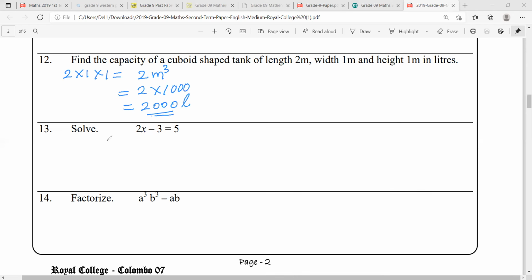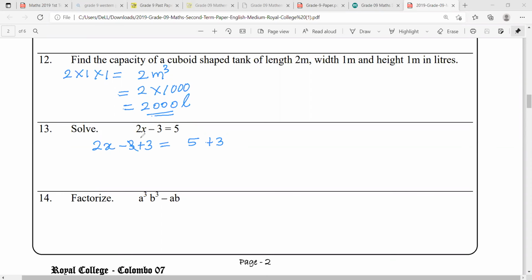So you have to solve this equation: 2x minus 3 equals 5. To get rid of the 3, you add 3 here, and because you add 3 here, you have to add 3 on the other side also.